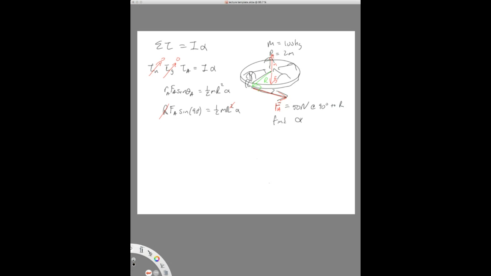And then we do algebra to solve for alpha. So it's going to be 2 times F applied over mr, keeping in mind that sine of 90 is 1.